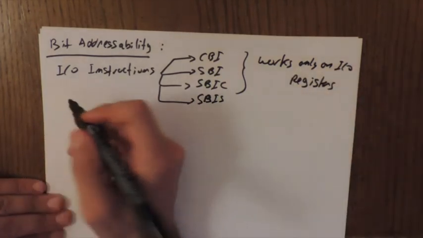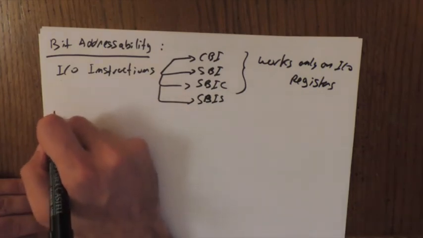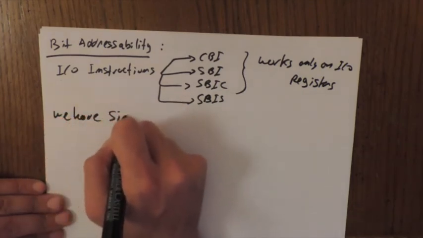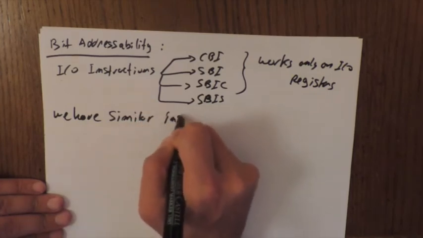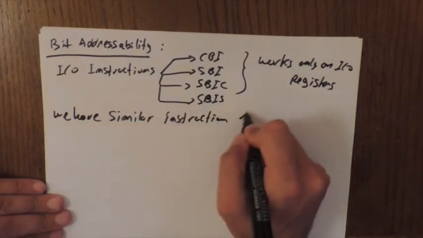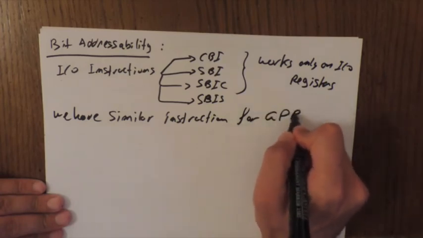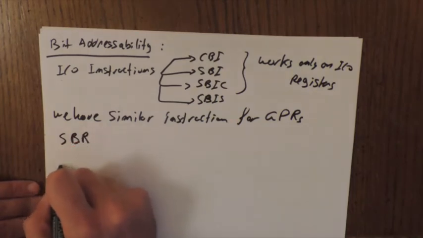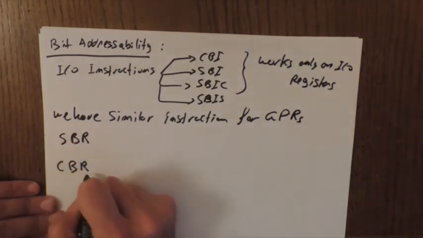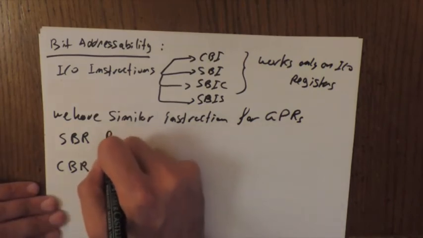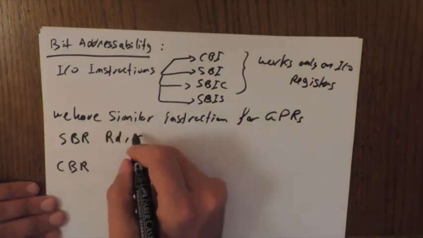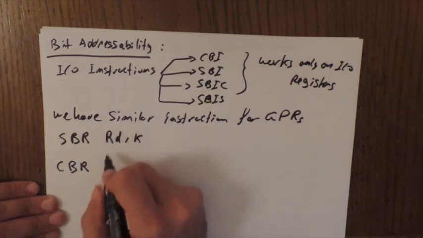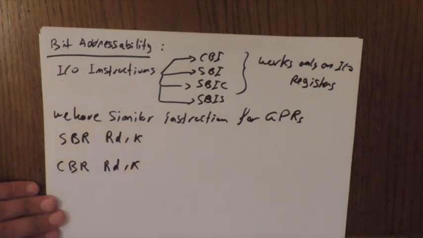But what if we have a GPR? So we have similar instructions for GPR, and they are SBR, CBR, of course, and this takes a register destination and a constant. Here we set the bits, and this is clear the bits.